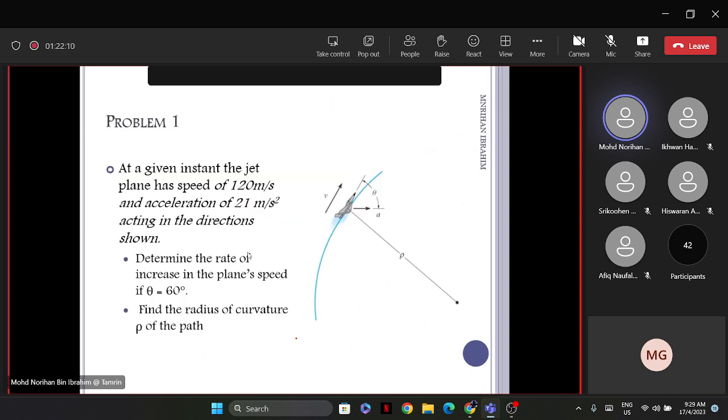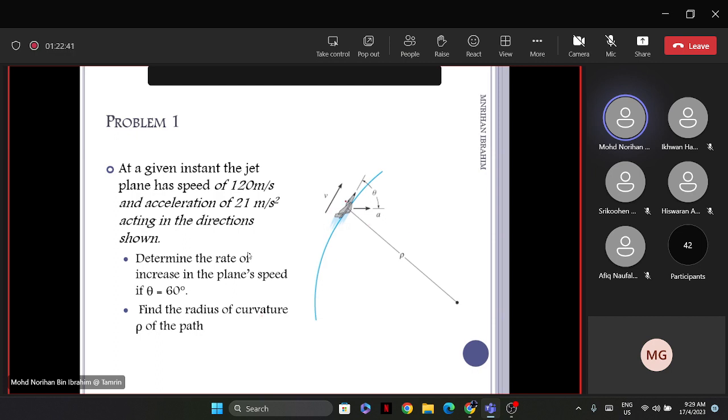Okay, let's continue with this example 1. Try to do this example problem 1. If you look at these illustrations, problem 1: at a given instant, the jet plane has a speed of 120 meters per second and accelerations of 21 meters per second squared, acting in the direction shown.